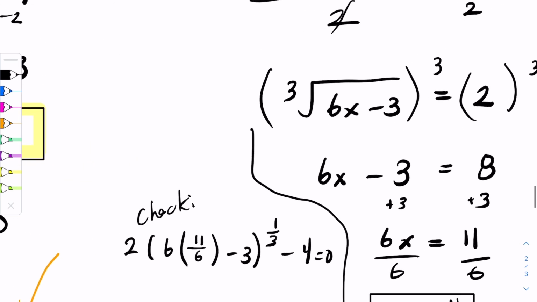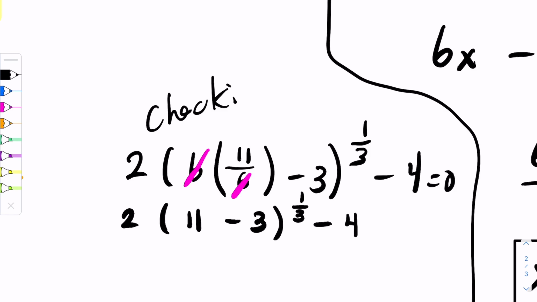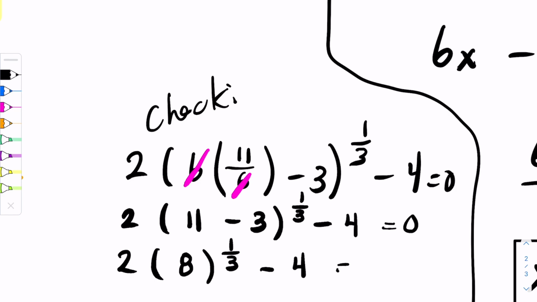Now, if we look at this fraction, the 6 and 6 are going to cancel. Technically, that's 6 over 1 times 11 over 6. You can cancel the numerator with the denominator, and that leaves you with just 11. So 2 times 11 minus 3 raised to the power of 1/3 minus 4 equals 0. 2 times 8 raised to the power of 1/3 minus 4 equals 0.